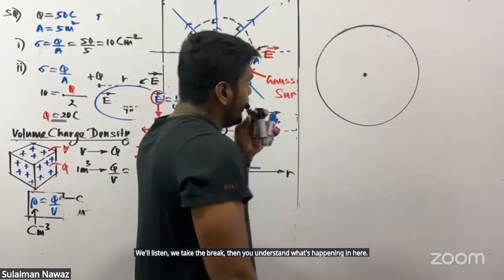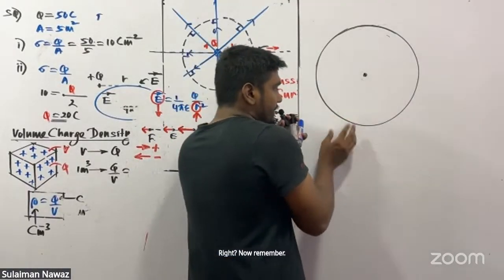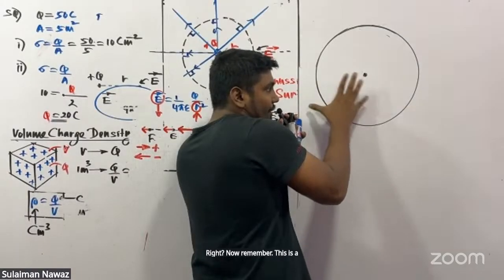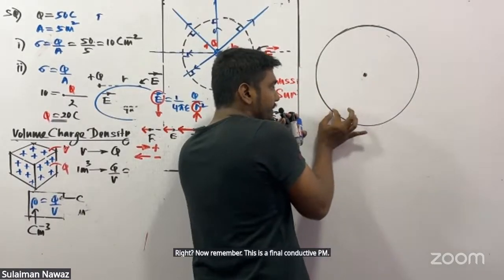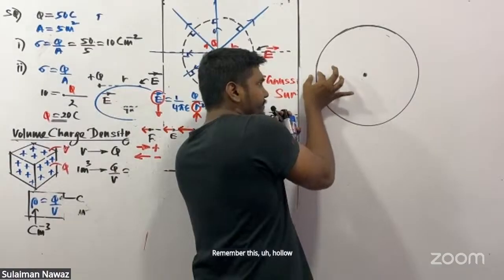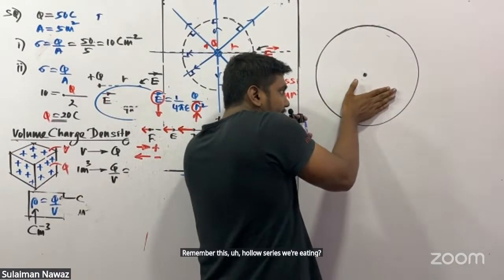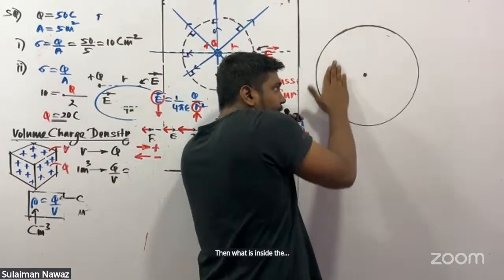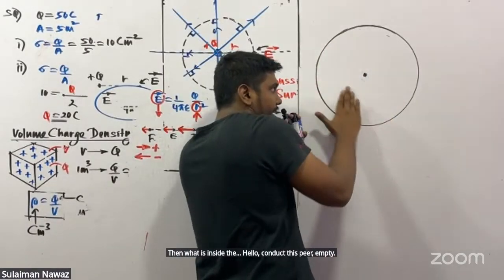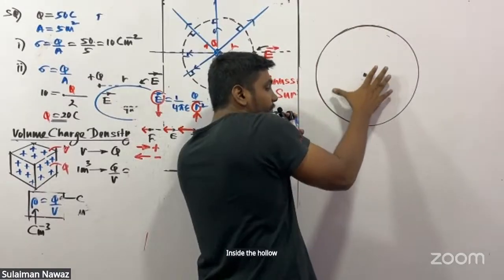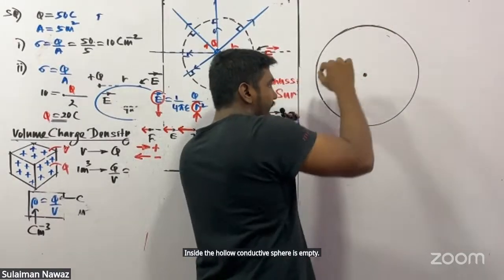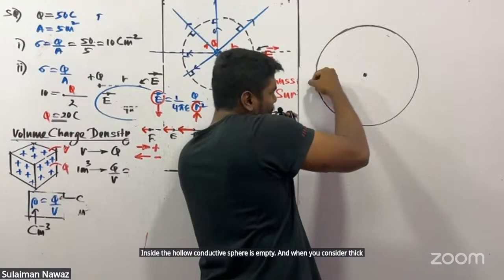Now remember, this is a hollow conductive sphere, and this hollow sphere is very thin. What is inside the hollow conductive sphere? Empty. Inside the hollow conductive sphere is empty, and the thickness is also very thin.